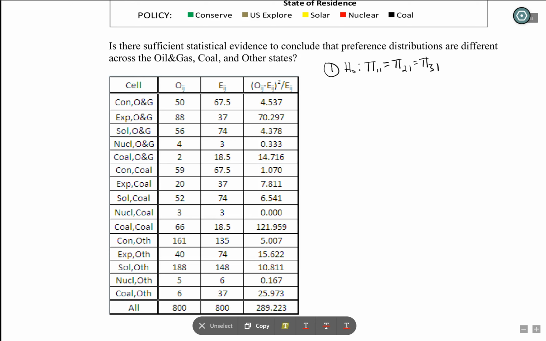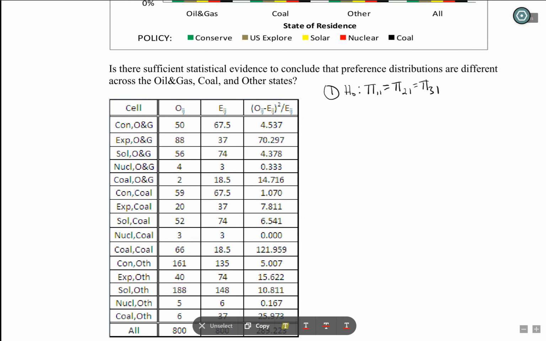Okay, that is the proportion of oil and gas states that prefer conserve is the same as the proportion of coal states that prefer conserve, which is the same as the proportion of other states that prefer conserve. And so you set that equality up, and then you also have all the way down to pi 1,5, because there were 5 classes. Is pi 1,5 equal to pi 2,5 equal to pi 3,5?